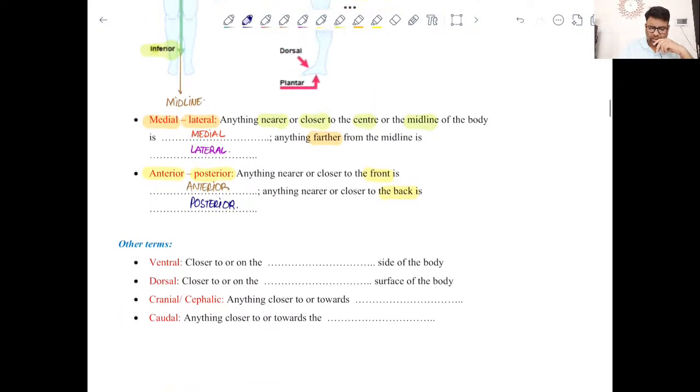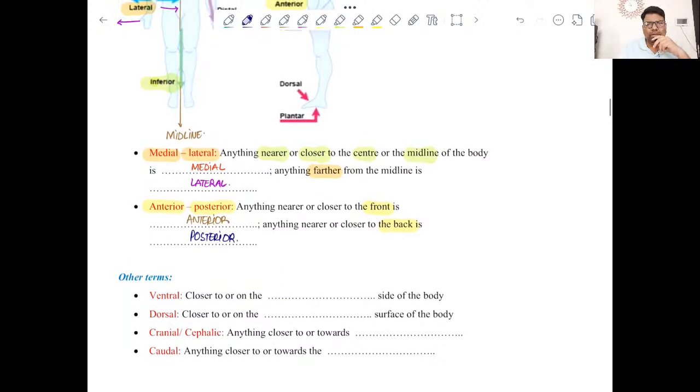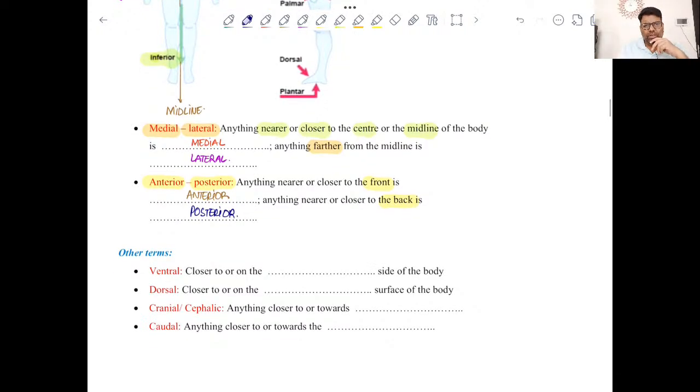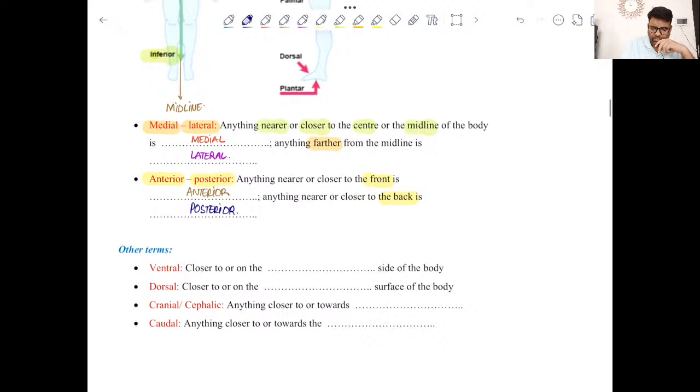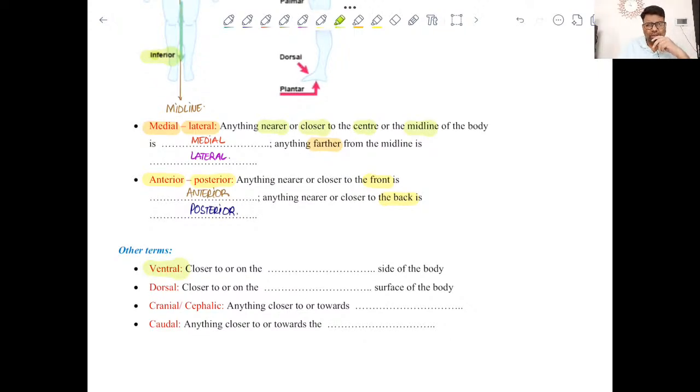Clear? Then there are certain terms which can be taken as synonyms. Means the term is different but it has got same meaning. So suppose if I am using the word ventral, now this ventral can be used in place of anterior.